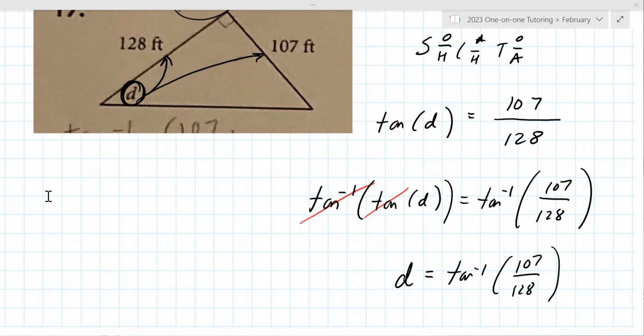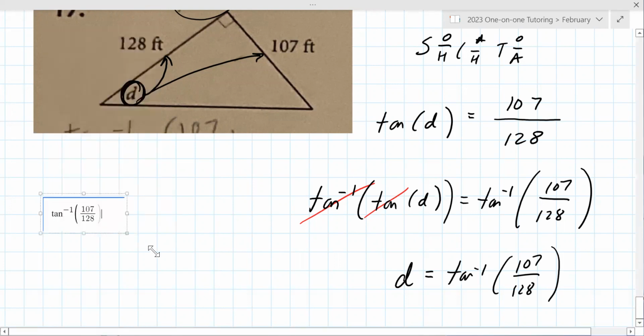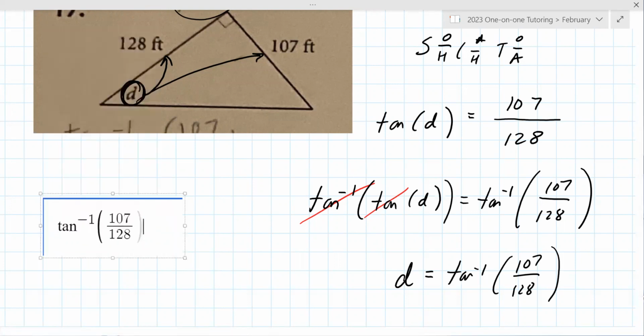Tan minus 1, parentheses, 107 divided by 128. Oh, 128, my bad. And I got 39.8.